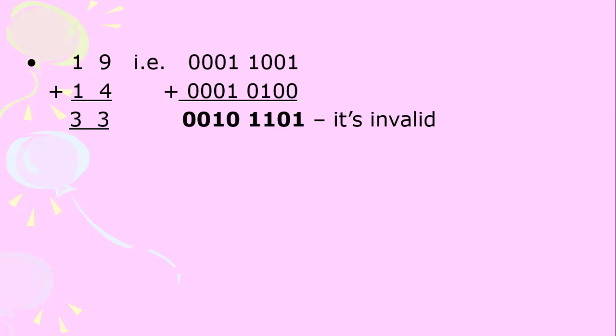And therefore, our answer becomes 0, 0, 1, 0, 1, 1, 0, 1. So, for us to know whether this is a valid or an invalid BCD, we look at each of the pairs of binary and we ask ourselves whether each pair is equivalent to its respective decimal number.